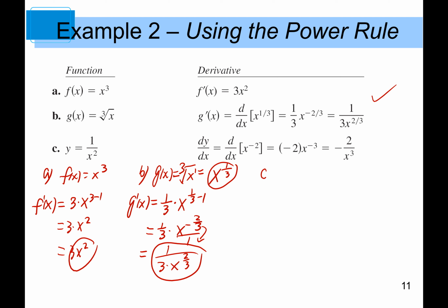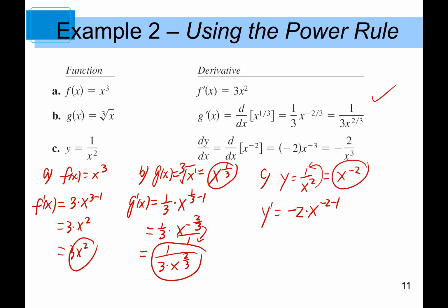And the third one, we have y equals 1 over x squared. If you flip this to the top, it becomes x to the negative 2. Now we can use the power rule. So y prime: put the exponent in front as a coefficient, reduce the exponent by 1, and multiply.